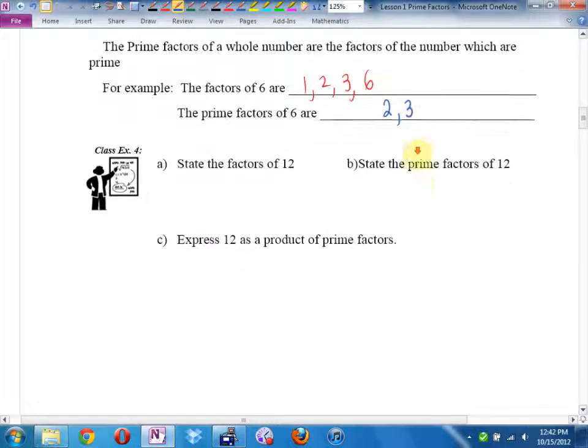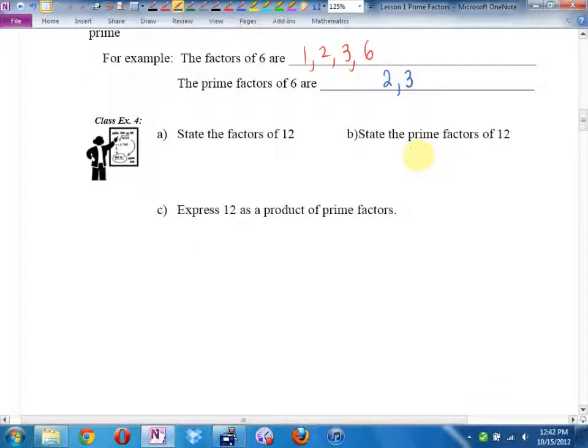So, example 4 says, state the factors of 12. 1, 2, 3, 4, 6, and 12. Which of those are prime? And then C says, express 12 as a product of prime factors.